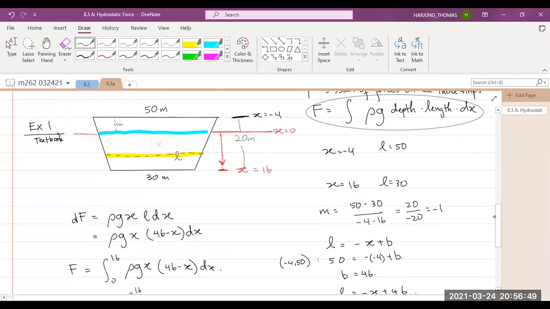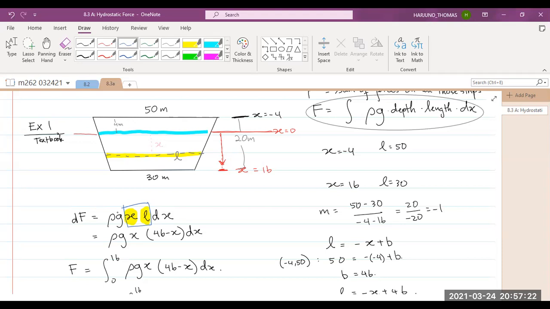Notice that what I would like you to focus on is to create this situation. For every depth at x, how deep you are, you need to find the length of that strip. You will see that all the problems here boil down to this situation. For the depth of x, how deep will that be?